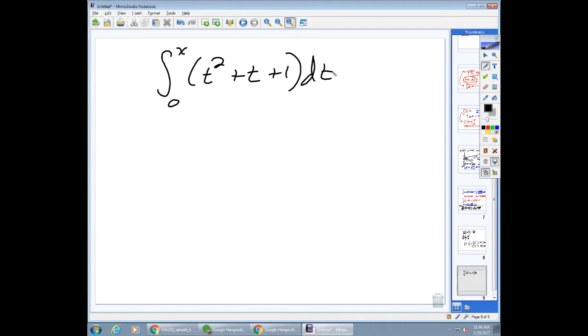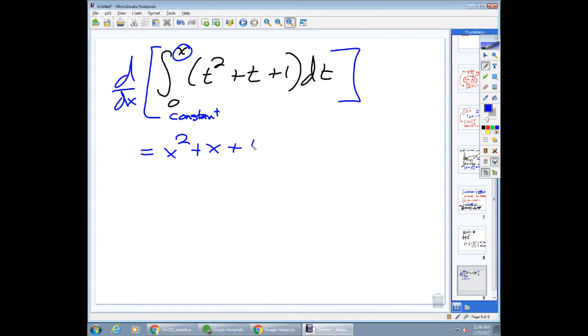I have to use integration to get it. The fundamental theorem of calculus says that you can differentiate that with respect to x and something magical happens. The integral operator and the differential operator cancel each other out and get evaluated at that endpoint at the top, provided the endpoint down below is constant. So this must be equal to x squared plus x plus 1. Just boom. That's what the fundamental theorem says.